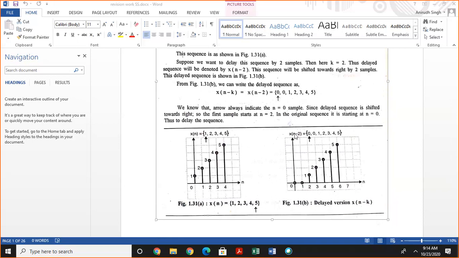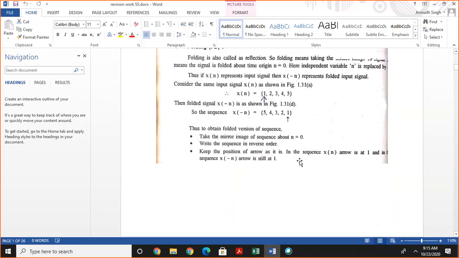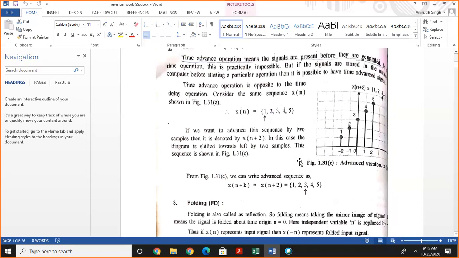Clear? So the delayed signal is represented by x of n minus 2, and it is given by this representation. And here this arrow indicates the value of the sample when n is equal to 0.